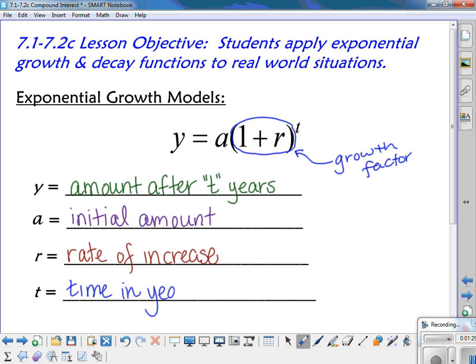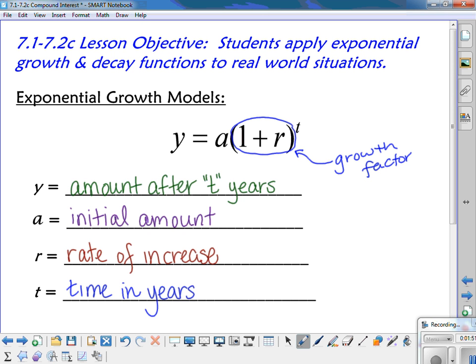It's always going to be in years with this equation. You could conceivably do it for different time periods. The problem would specify it, and you might use W if it was weeks, or maybe a different letter. But typically it's years.